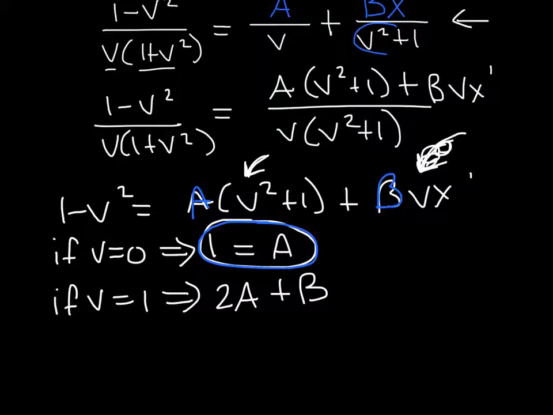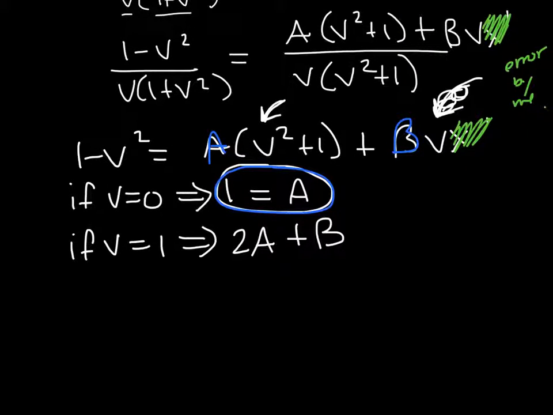Sorry about that. I'm thinking of linear factors in terms of x, which is what we usually do. But since we're using the substitution method, my variable is v. So sorry about that. There is no b there. That was an error by me, so ignore that v.